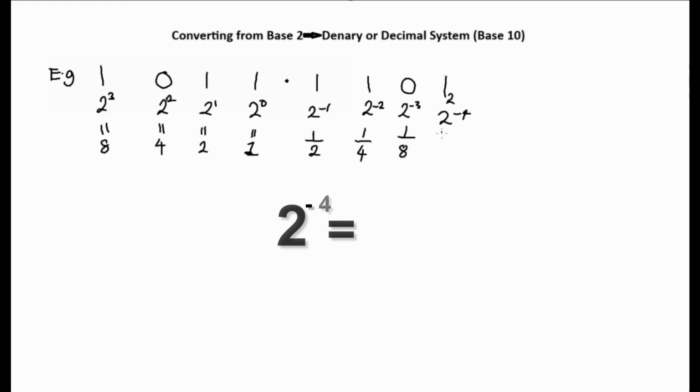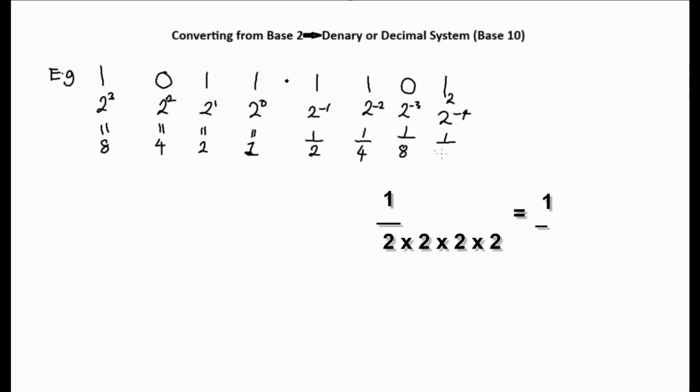And 2 to the power of negative 4 is 1 over 2 times 2 times 2 times 2. That is 2 multiplied four times, which is 1 over 16.